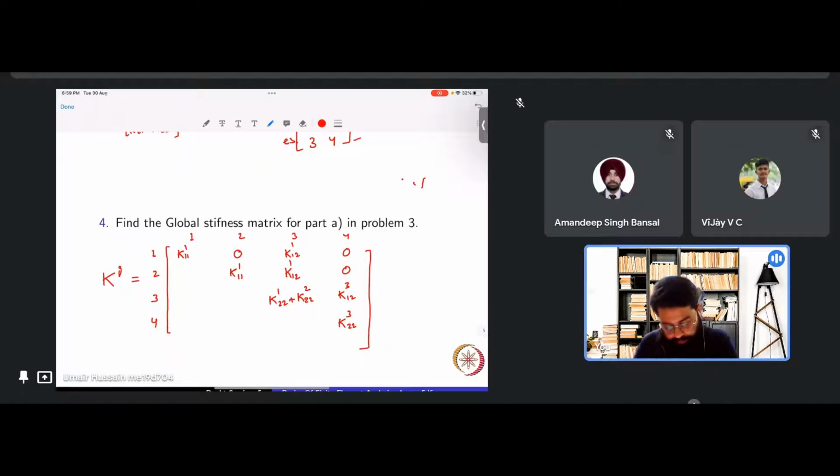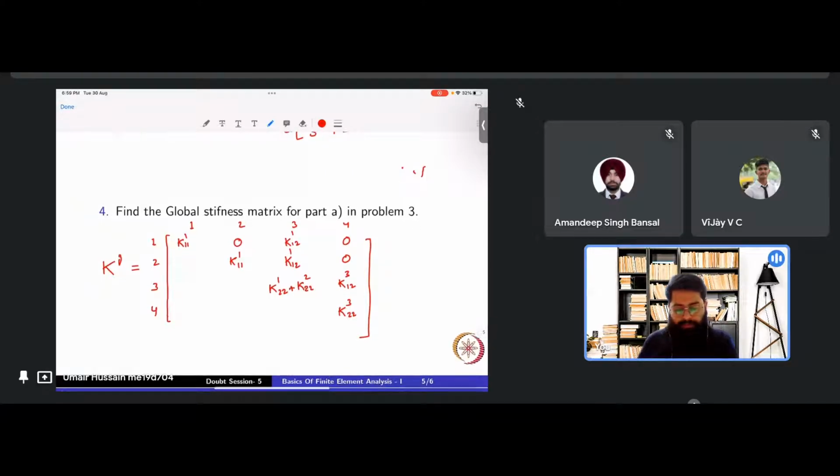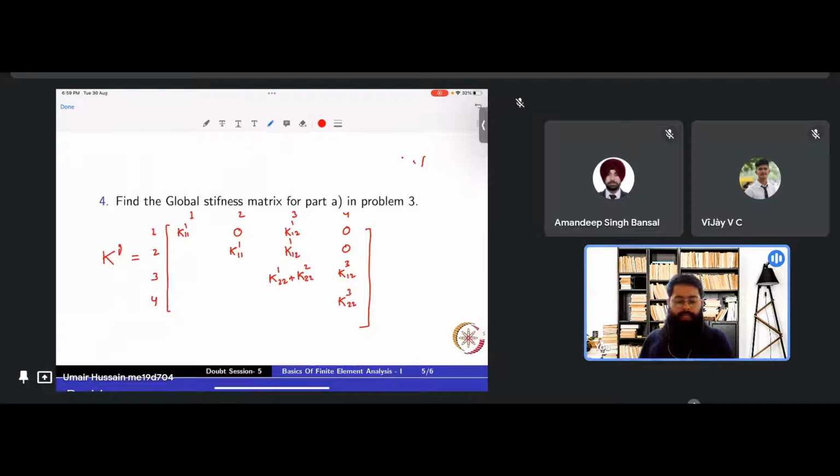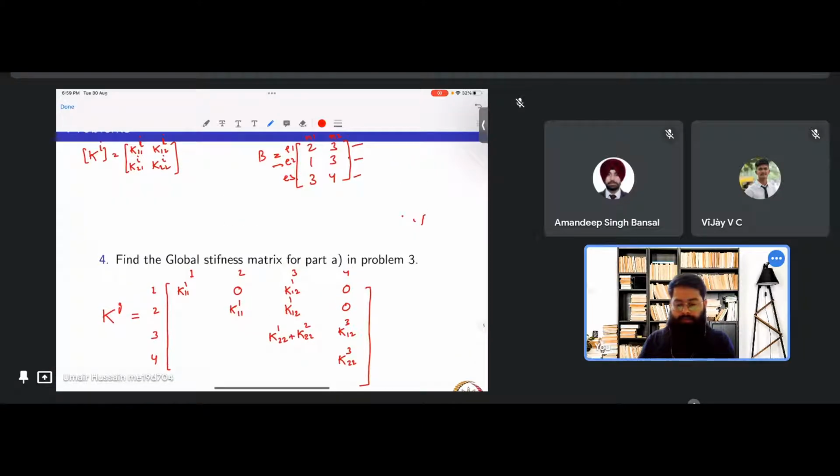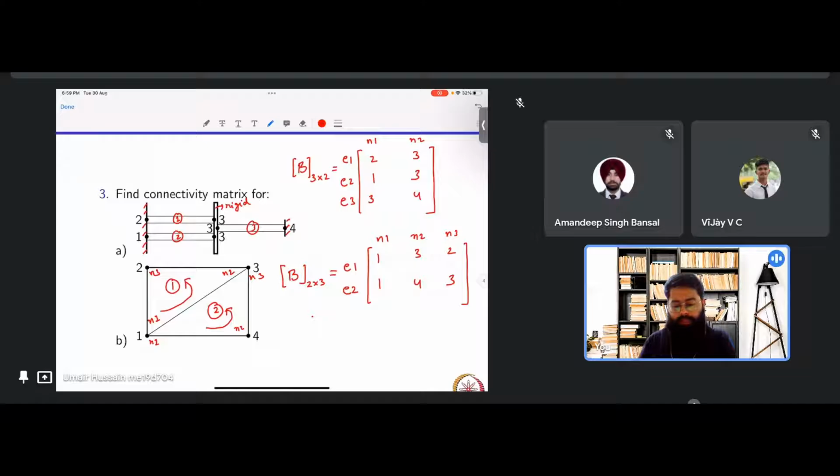So I'll just check if there's anything missing in the symmetric term. So yeah, 1 2 will be 0 again. 3 2 1 is the same symmetric terms. Okay. So this way we can develop the global matrix based on this, what do we call it, connectivity matrix.